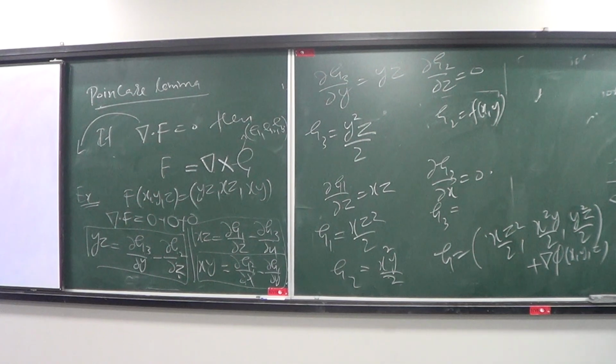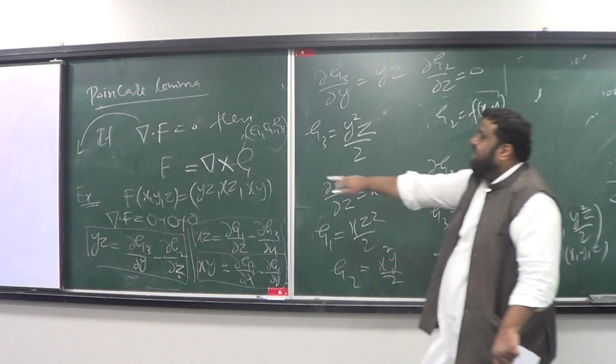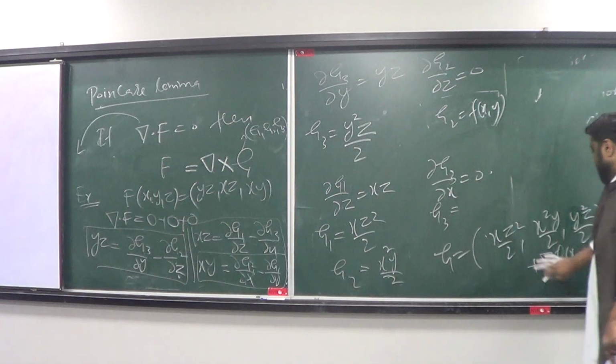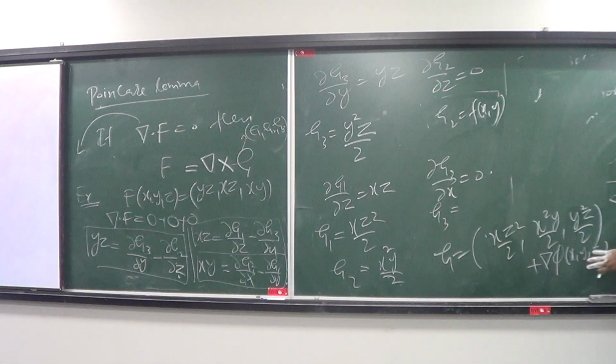Why is it going to be the gradient of the phi? Because if you take the curl of g plus del phi, then this del cross del phi will become 0. So it will go away and you're going to have the g. ठीक है? पूरी समझ आ रही है बात?